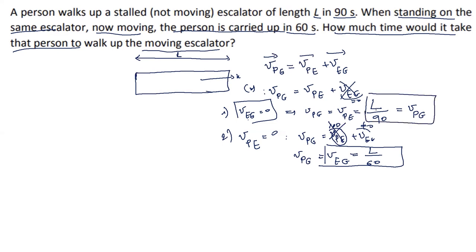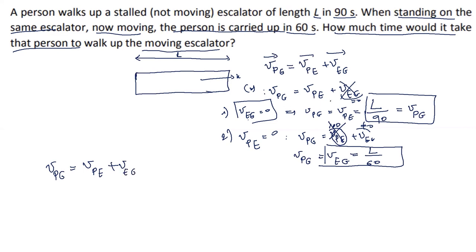Okay. Now the question is, how much time would that person take to walk up the moving escalator? Well, now the person is moving with respect to the ground, but also the escalator is moving with respect to the ground. So now let me just say that v_p with respect to the ground is just v_p with respect to the escalator plus v_escalator with respect to the ground.